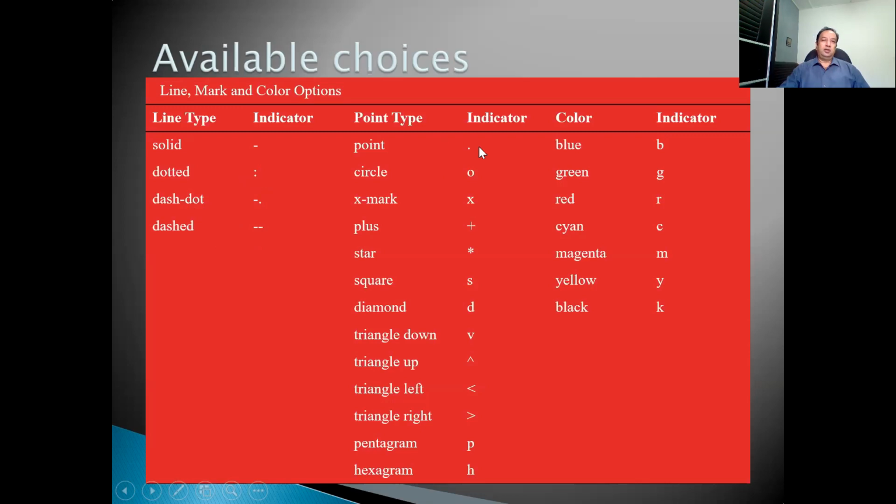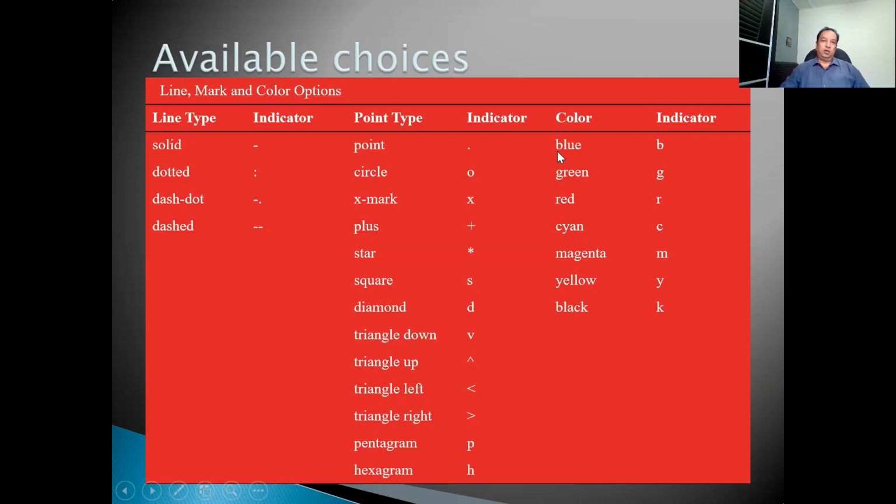Now for the marker, you can have different kinds of markers. There are a lot of variations available here: point, circle, X mark, plus, star, square, S, D, V, all these patterns. And then there are 7 colors you can select.